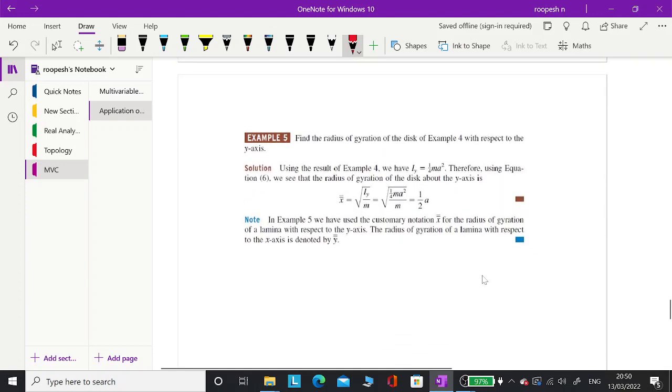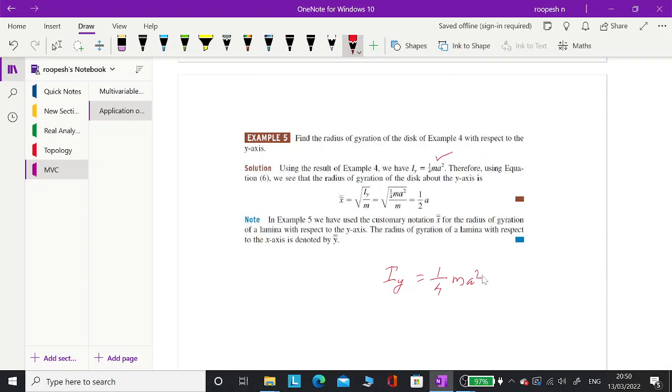Using the result of example 4, we have Iy, which we have already calculated. From the previous example, you have got Iy equal to 1 by 4 into M into A square.